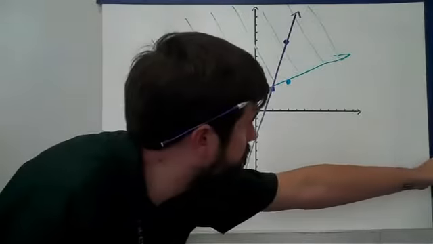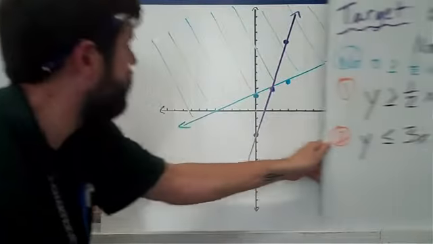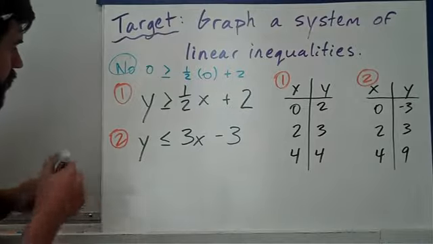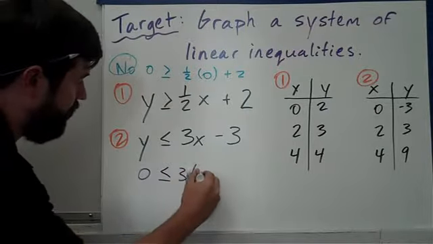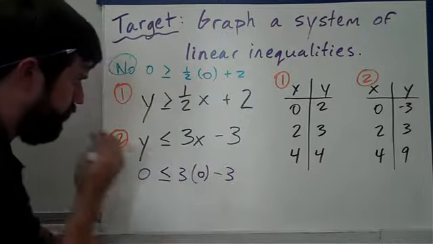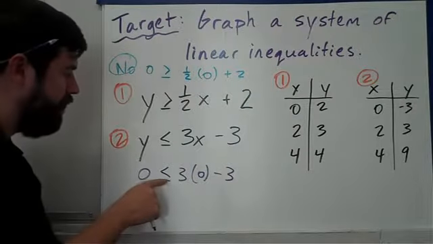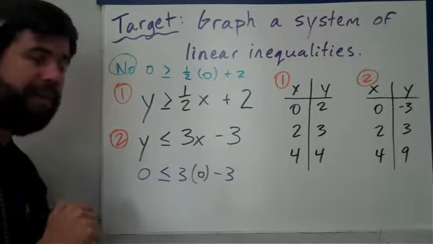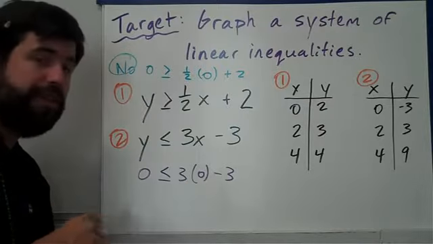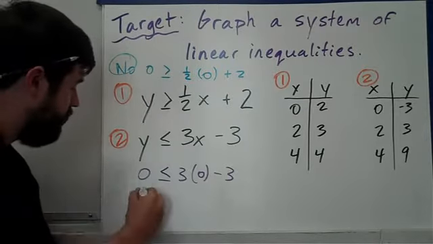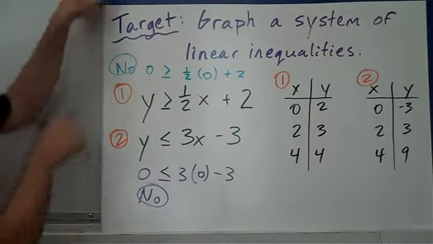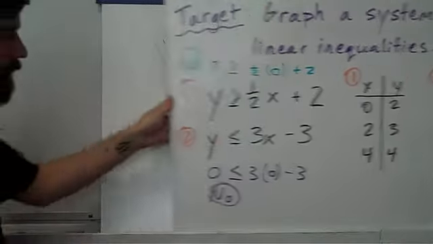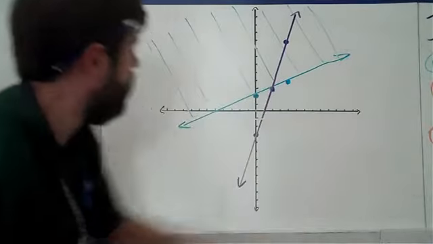Now bringing this one back, let's check 0, 0. Over here this would say 0 is less than or equal to 3 times 0 minus 3. So is 0 less than negative 3? I would say 0 is greater than negative 3, so this one is also no. So they both turned out to be no. Let's go back here.